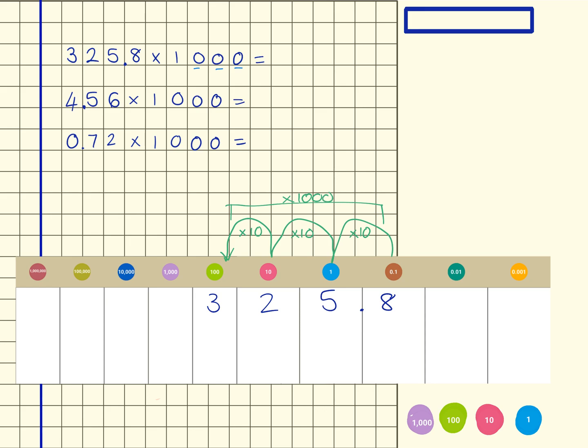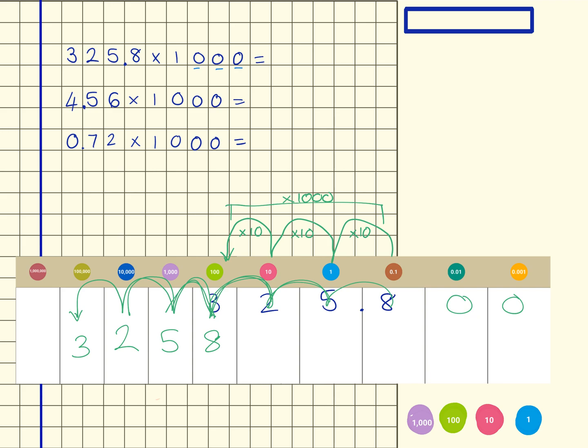Okay, so that means this 300 is going to move 1, 2, 3 into this column here, 1, 2, 3 into this column here, 1, 2, 3 into this column here, and finally 1, 2, 3 into this column here. Now, if they were there, there would be zeros in these columns.